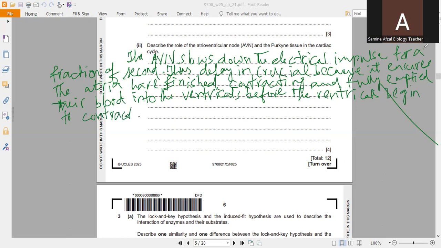And then the role of the Purkyne tissues. The Purkyne tissues consist of specialized muscle fibers.